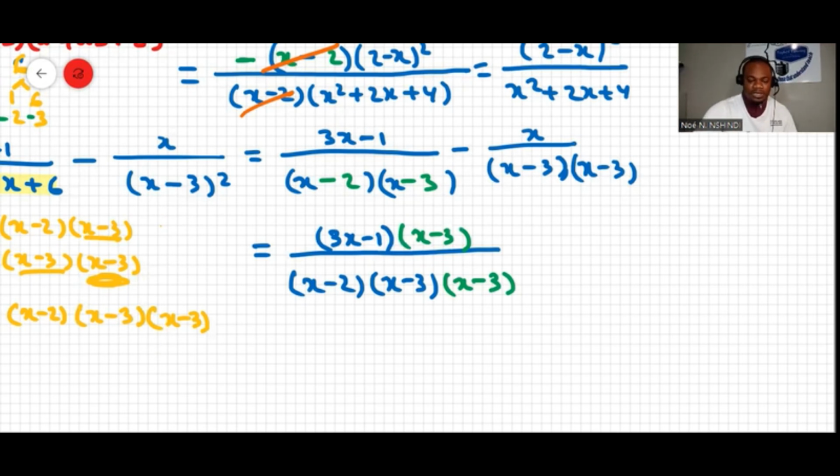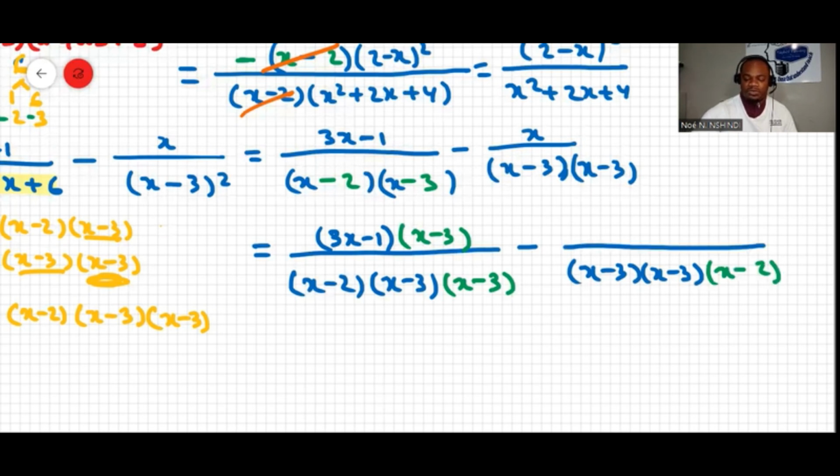So there you're going to do x minus 3, x minus 3, and then I need to put x minus 2 there to make the denominator common. So the numerator, which consists of x only, will also be multiplied by x minus 2.